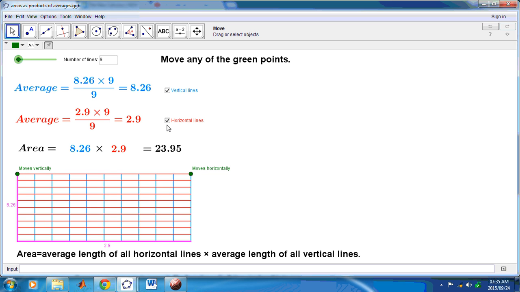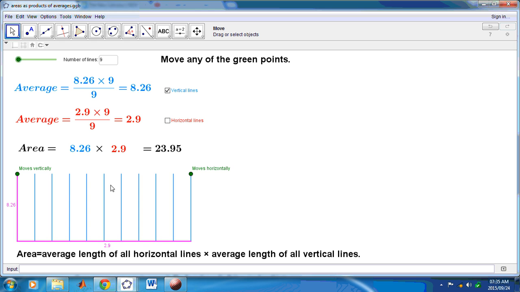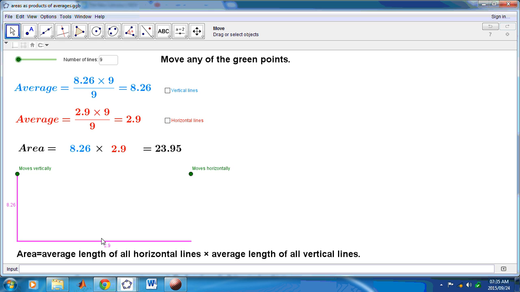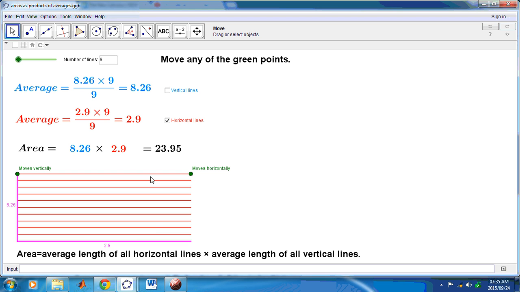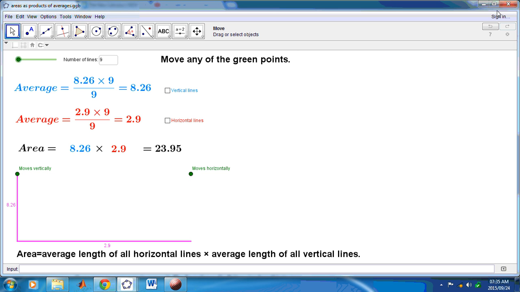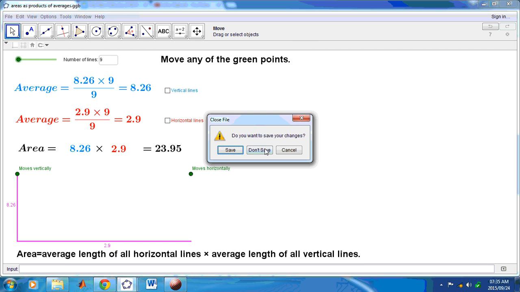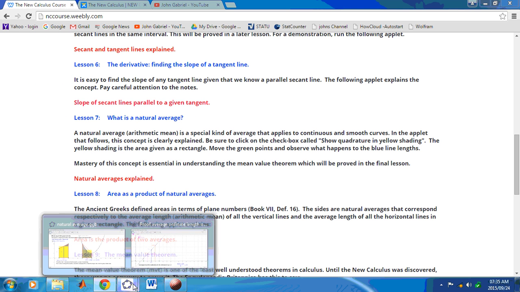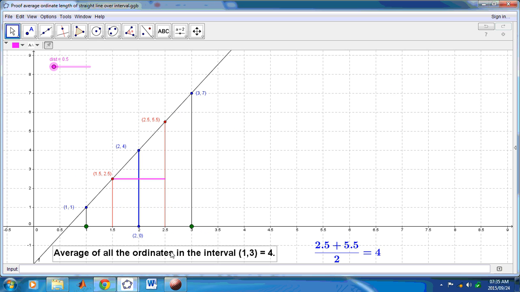Indeed, what we're doing is we're finding the average value between the curve, which is the average of the infinitely many ordinates in that interval, and we're multiplying it by the interval width, which is the average of the infinitely many horizontal lines.